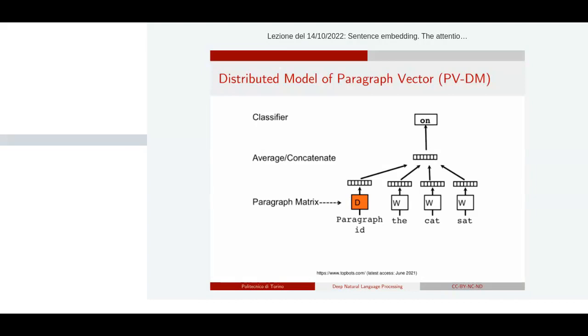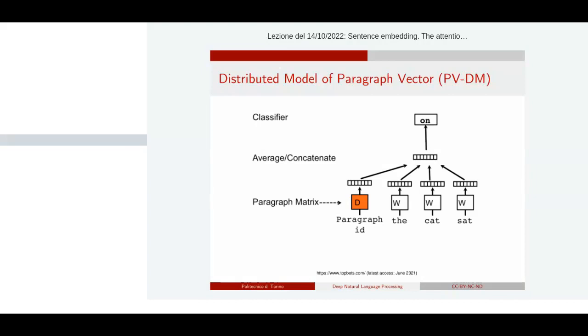You assign a unique ID, which is then used as input when you consider an arbitrary context window sliding over the input text. So when you have a slice, the cat sat, you look for which paragraph this piece of text belongs to. It belongs to paragraph with ID 10. So this is an artificial word telling you, okay, these words belong to paragraph number 10.